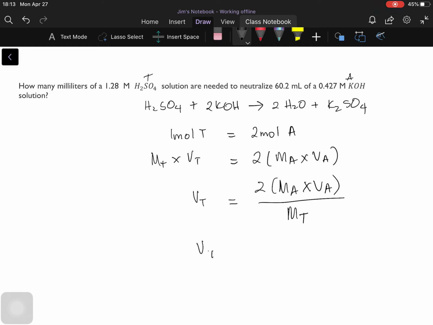So we're going to plug in all the information. That's 2 times 0.427 molar times 60.2 ml. I'm not going to convert the volume into liters, just as what we did in the previous answer, because we're going to express the final answer in ml.